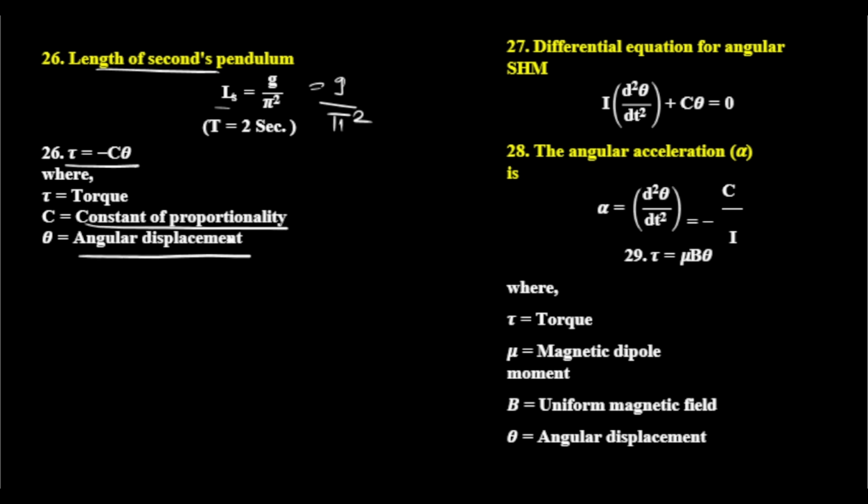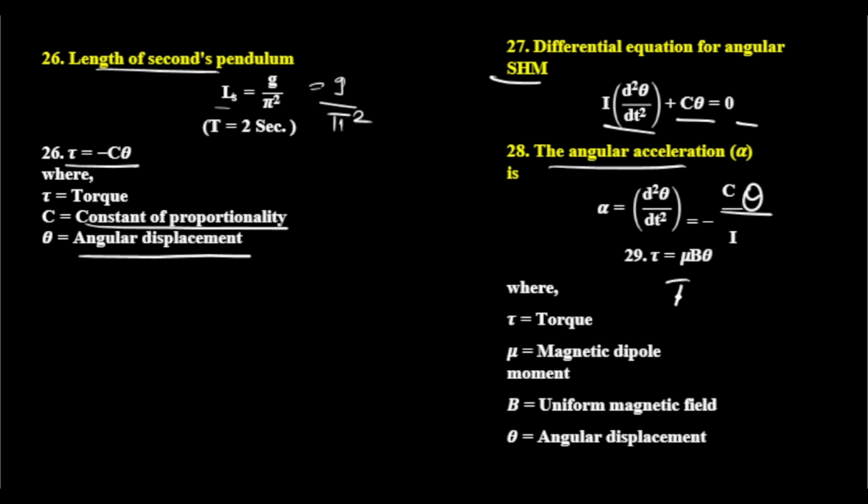Theta is angular displacement. Differential equation for angular SHM: d square theta by dt square plus (C by I) theta is equal to 0. Angular acceleration alpha is equal to d square theta by dt square is equal to minus C theta divided by I. This was a typo error.